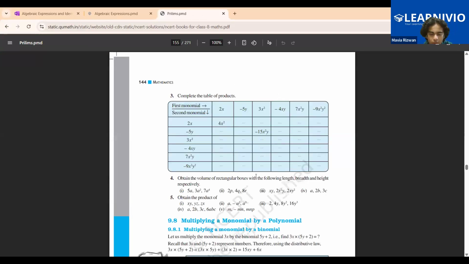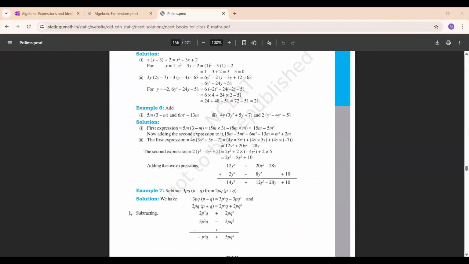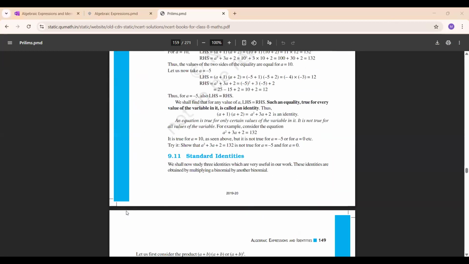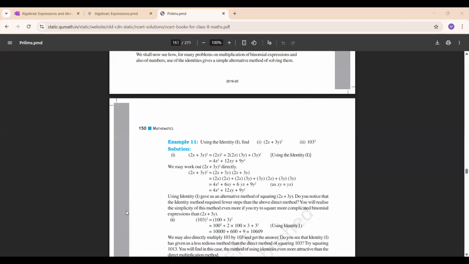Yeah, here it is. Yeah, I was correct. They cut the identities part.